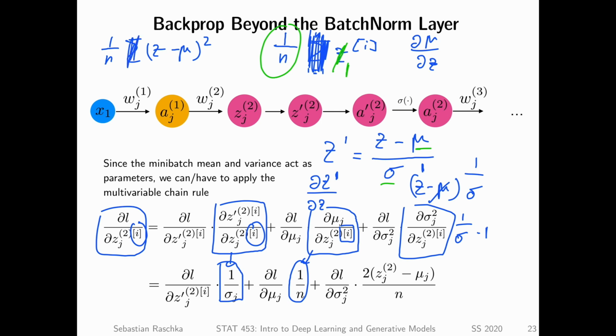What we do here is apply the power rule in calculus, so we bring the 2 forward. So it is simply 2 over n times z minus mu. Okay, so the inner times the outer derivative.